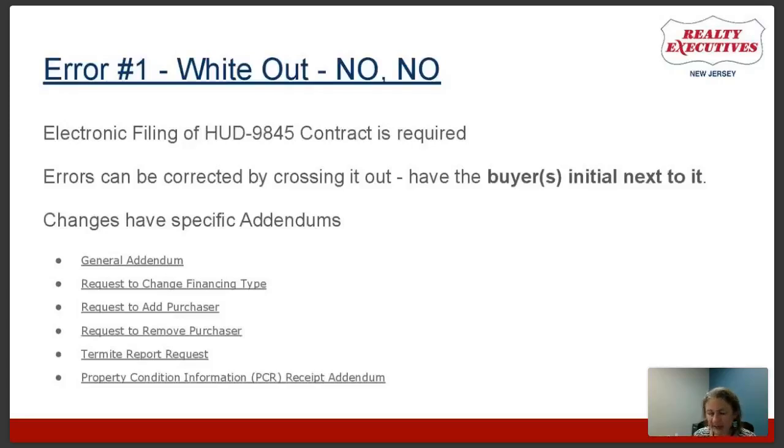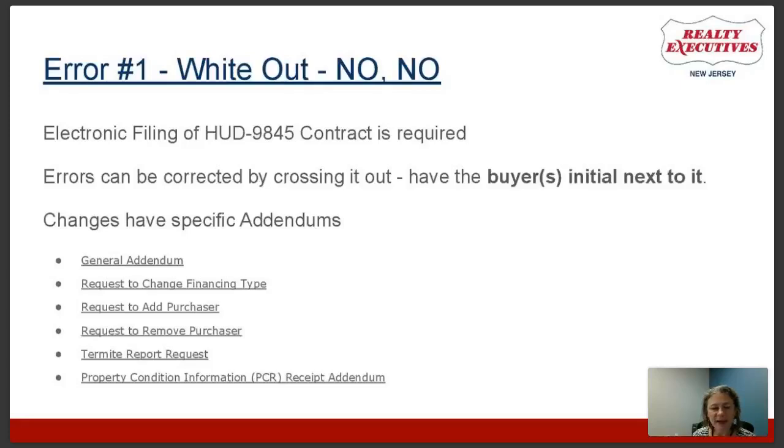Also, if there is a change to a purchaser or an additional purchaser, so let's say we started out with a husband and now we're adding the wife or another partner, a specific addendum has to be used in order to add that additional purchaser. It also requires social security numbers for the individuals purchasing.